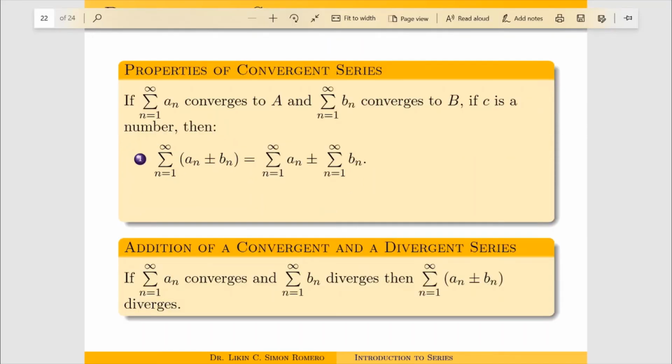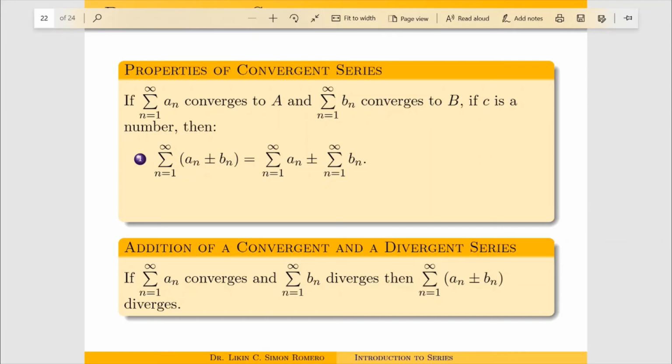All right, so now I want to talk about a couple of properties of convergent series. If we have a convergent series, the sum of a_n, that converges to some number A, and a convergent series, the sum of b_n, that converges to some number B, then we can look at the sum of a_n plus b_n.